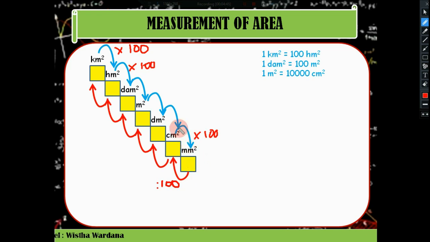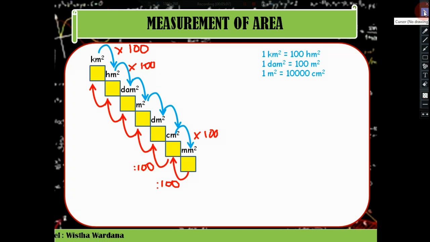Similar like before, if you want to change from square of centimeter to square of decimeter, you have to divide it by 100 also. Every one step move up from the other measurement, you have to divide it by 100.